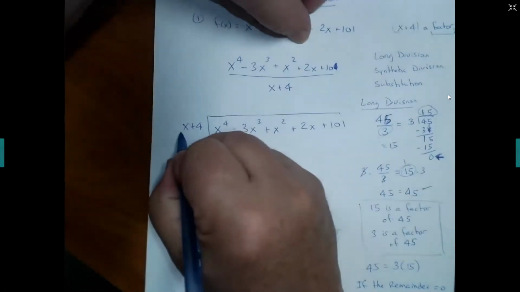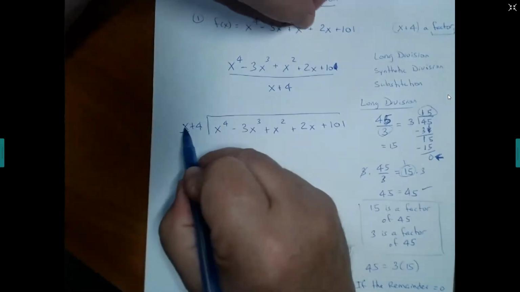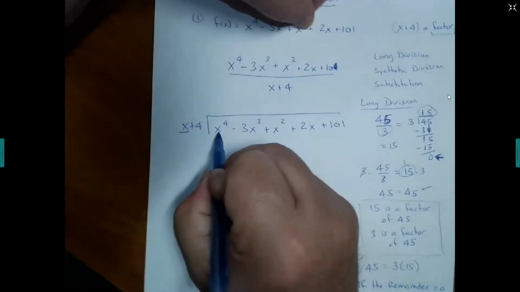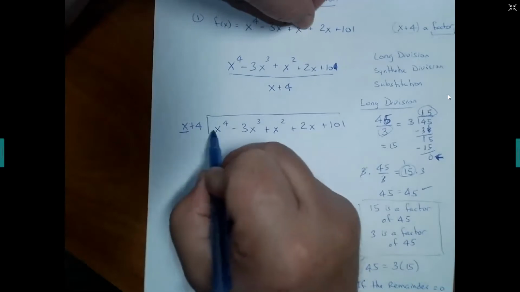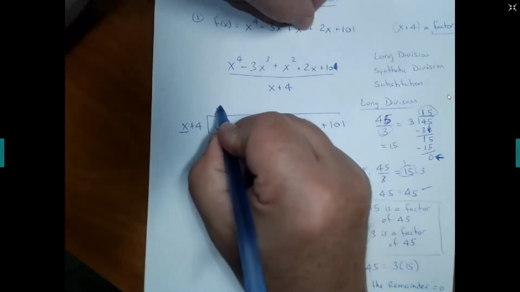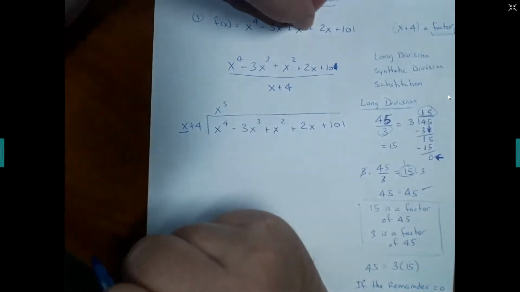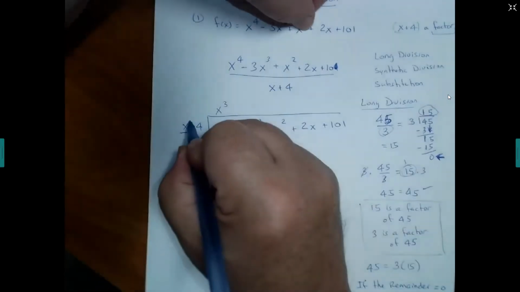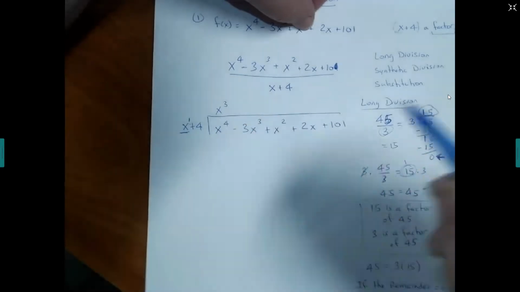So the leading term is x. What times x gives us x to the 4th? X to the 3rd, because we have 1 here, we need 4, so we add 3 more.